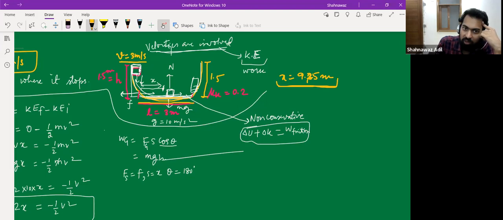So the object will come here and then it will drop down, right? So am I making any sense? Because this is 3 meters, and it has crossed this 3 meter and then 1.5 meter, and then it went. Any sense?